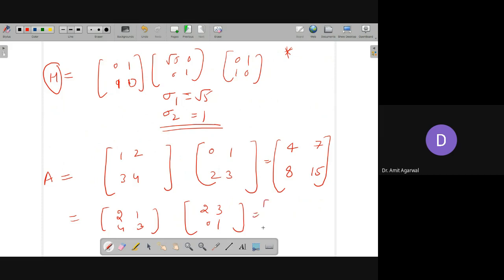Let's see what happens. 4, 7, 8. See, the matrix product is same. So once we swap its rows, we swap the columns, because the product is like column into rows in sum. So that is why if you do so, the product is same. So it does not change anything.